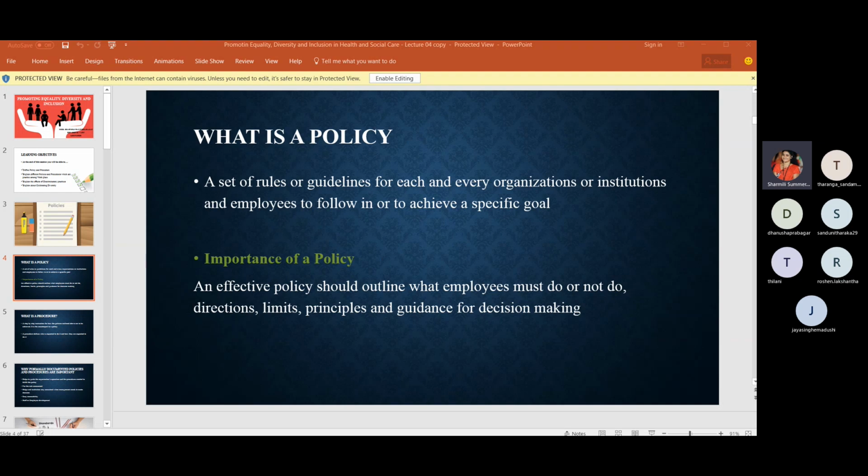Then we'll see why this policy is important. As I said, an effective policy should outline what an employee needs to do and what they need not do.